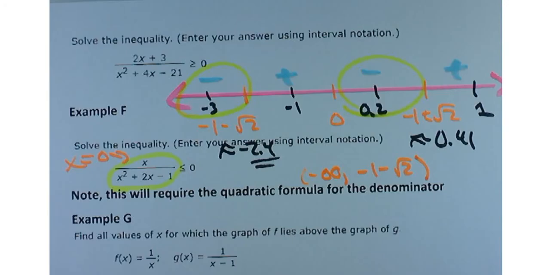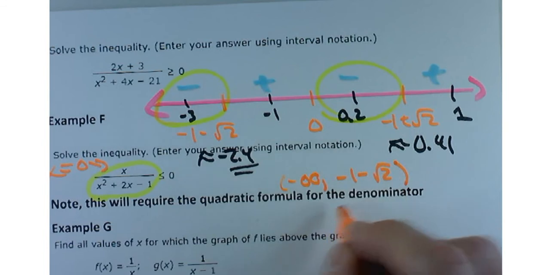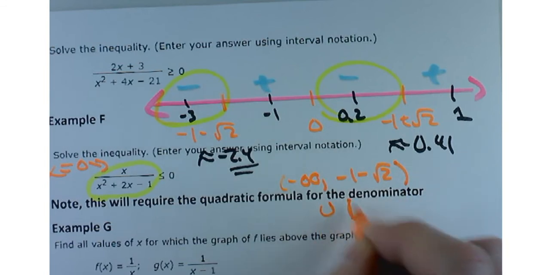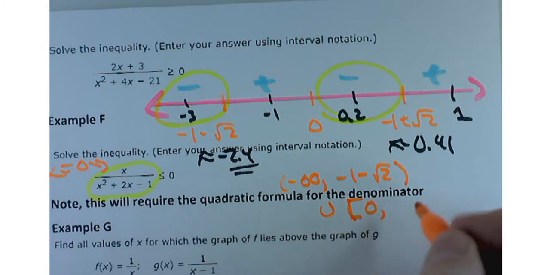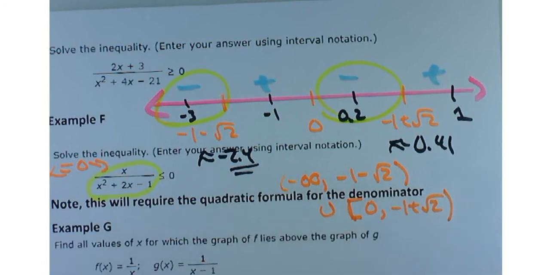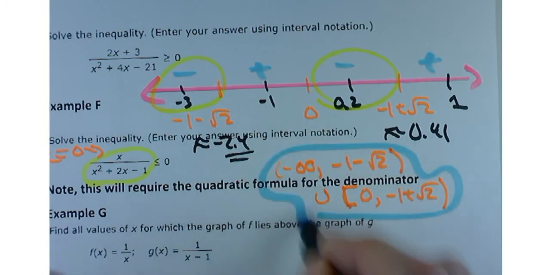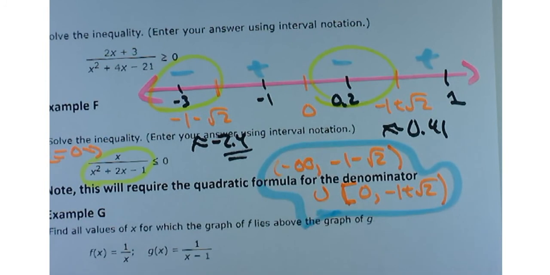Yeah, it is. So I can use the 0. So union. And if I can use a 0, it means I'm going to use a bracket. And then negative 1 plus the square root of 2 gets a parenthesis. So that is your final answer for this one. Beautiful.